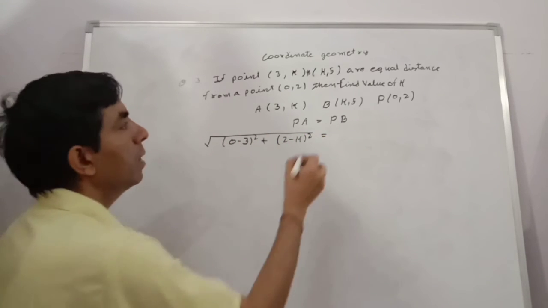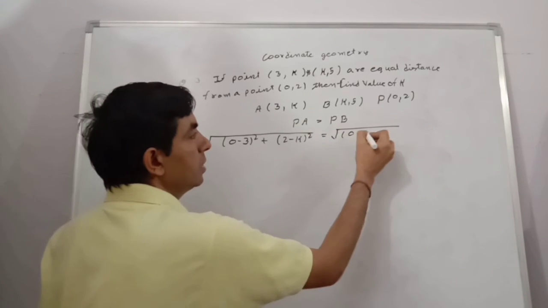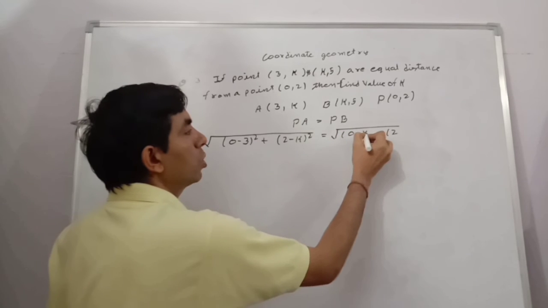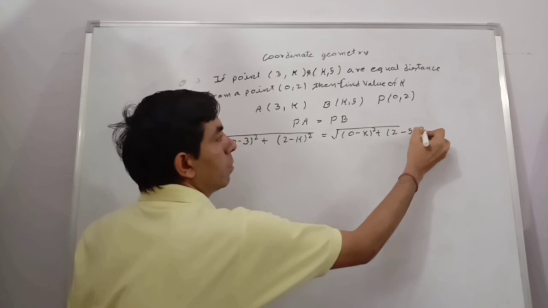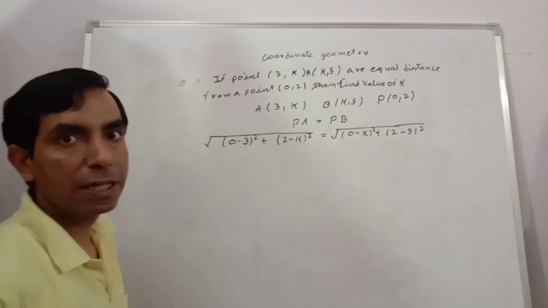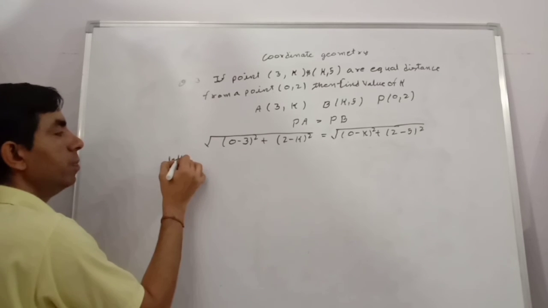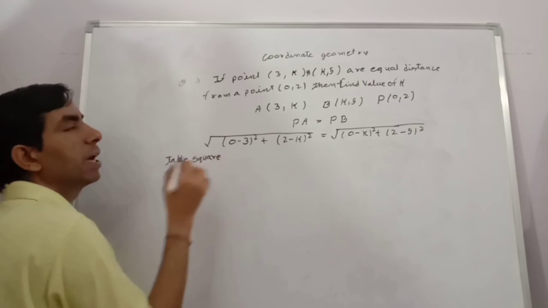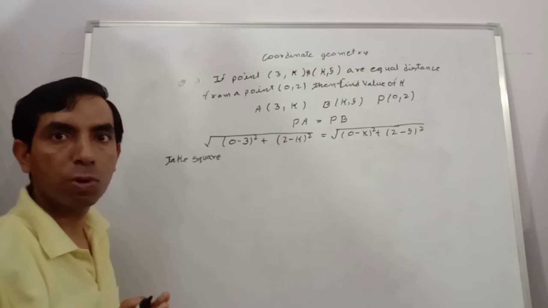Next in PB we write 0 and 2 as they are and write 0 minus k whole square plus 2 minus 5 whole square. Now we see that both sides are square roots, so take the square. By taking the square we cancel the square root.